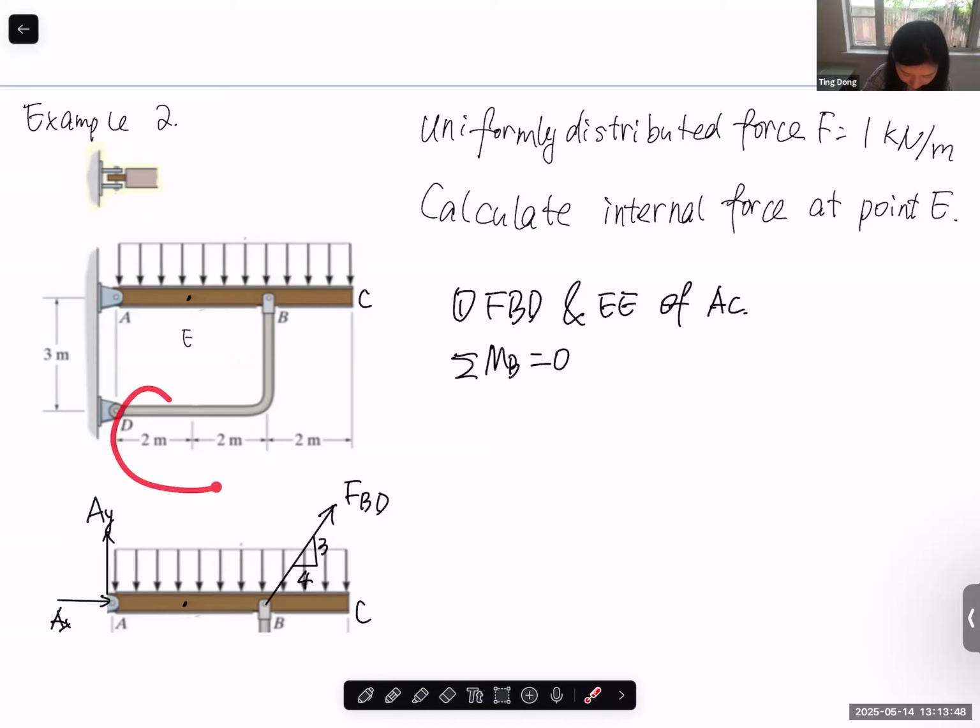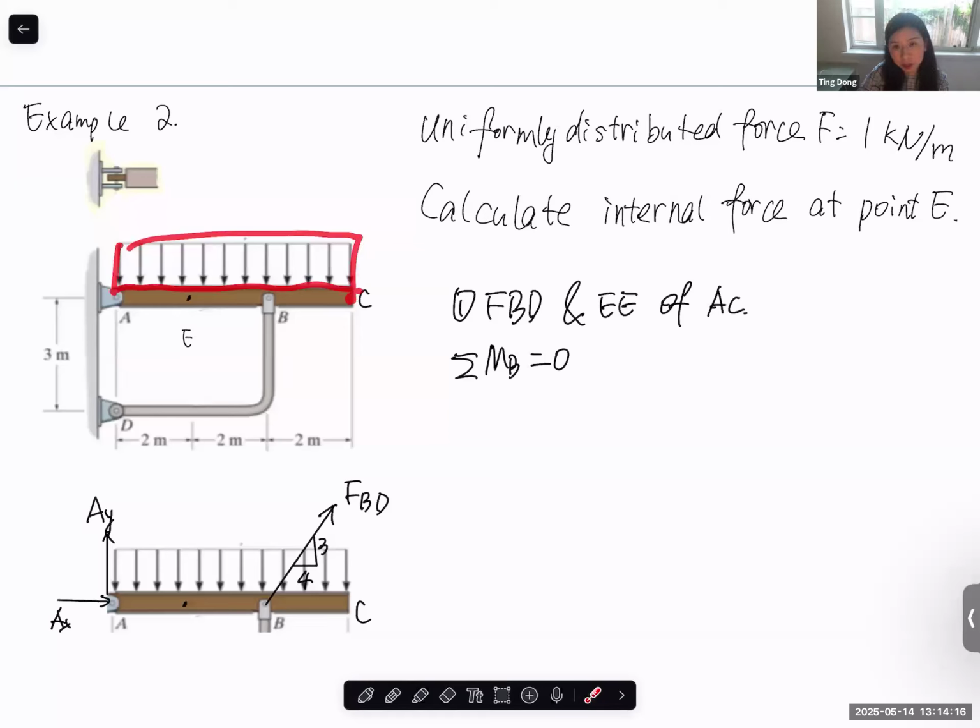If you consider 4, you probably only consider this part, but here we are taking the whole AC section. So we need to consider the equivalent concentrated force of the entire AC section, not just AB. Because if you only choose AB, how do you deal with this CB part? You need another equivalent concentrated force applied on this side. In the end, you get the same result, but it's unnecessarily complicated.